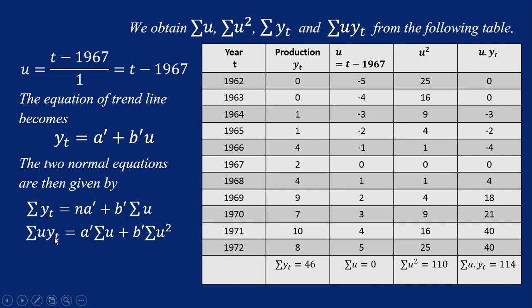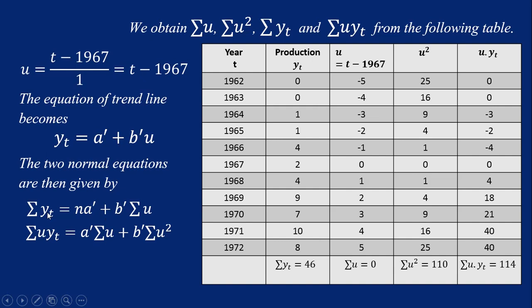Summation u yt is equal to 114, we substitute here. n is equal to 11. Now summation u is equal to 0, we substitute here. Here again summation u we substitute 0, and summation u square we have this value 110.